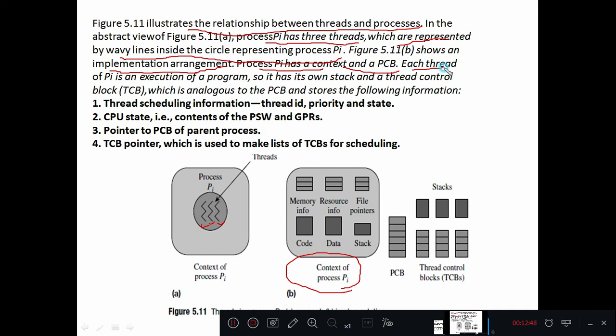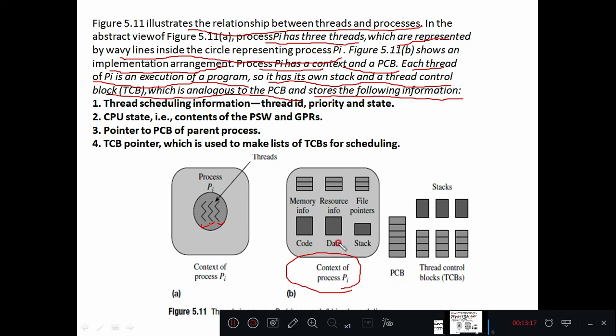Each thread of PI is an execution of a program, so it has its own stack and a thread control block, which is analogous to the PCB and stores the following information. This is the context of process PI, which you can also call the PCB, which has memory information, resource information, and file pointers. These are all things we have seen when we started this module.